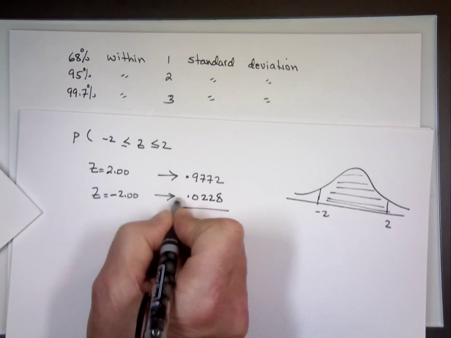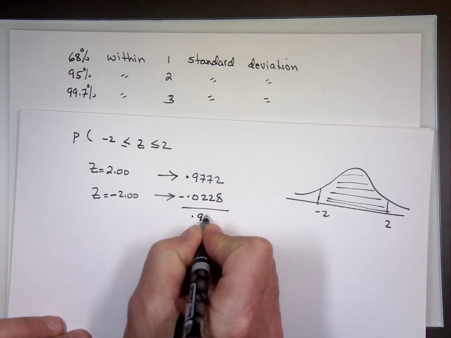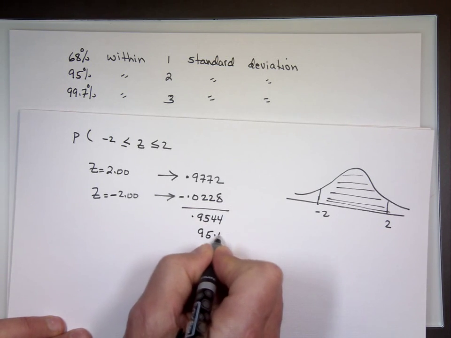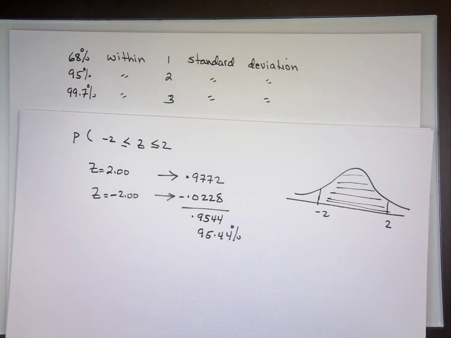Subtract the 2 numbers. Is that 95%? 0.9544. So it's 95.44% of the values land within 2 standard deviations, and we can prove the 3 standard deviations too.